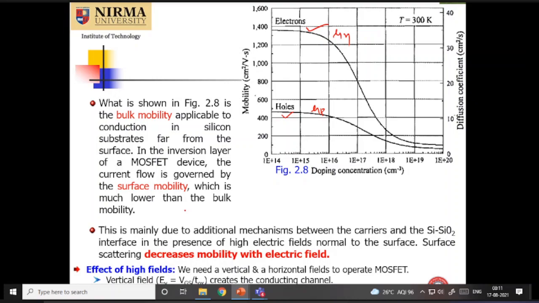If you read this first bullet, it is talking about the bulk mobility.